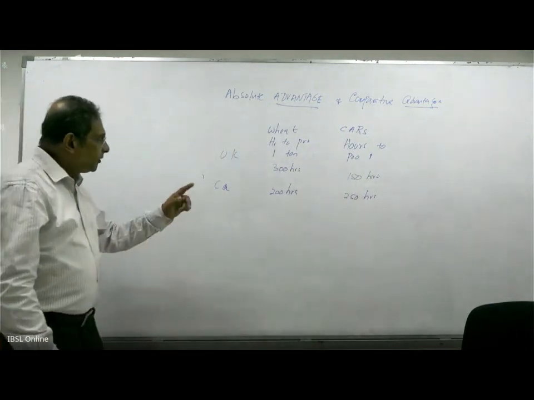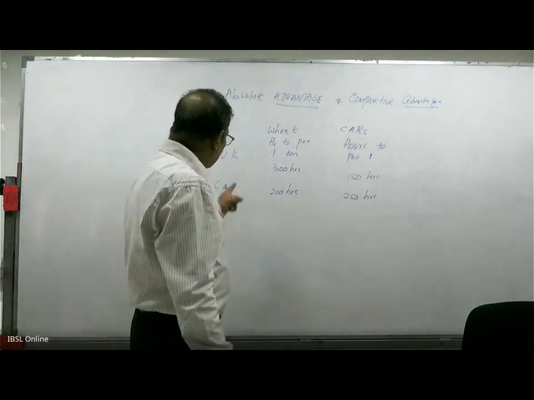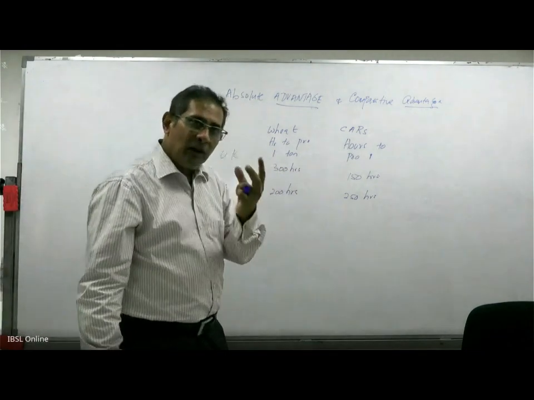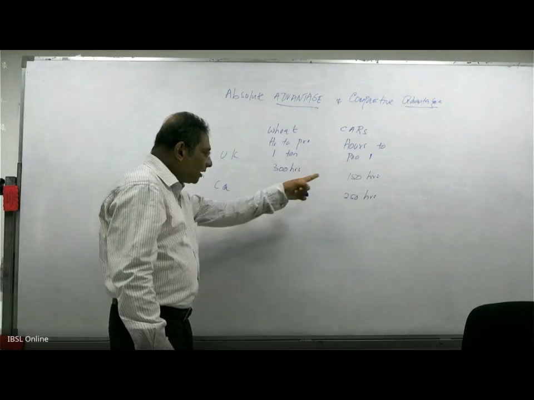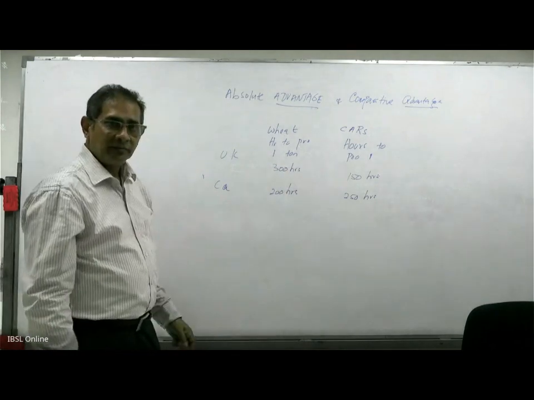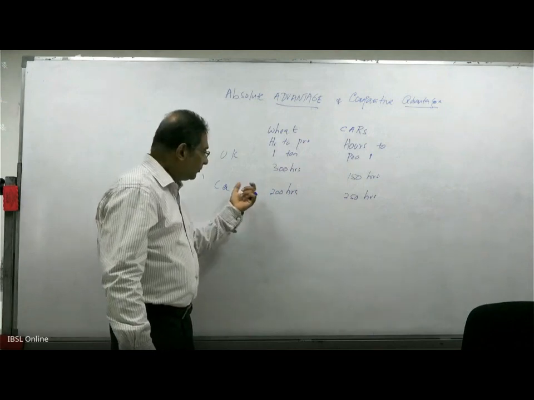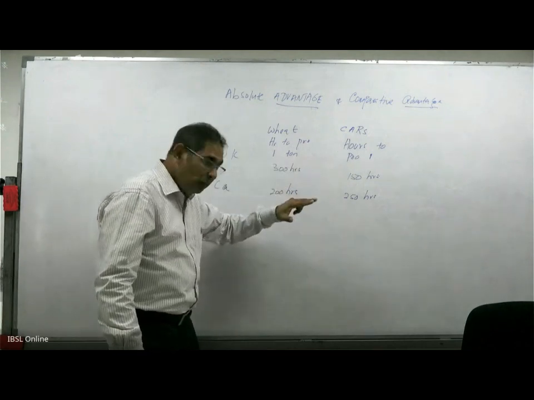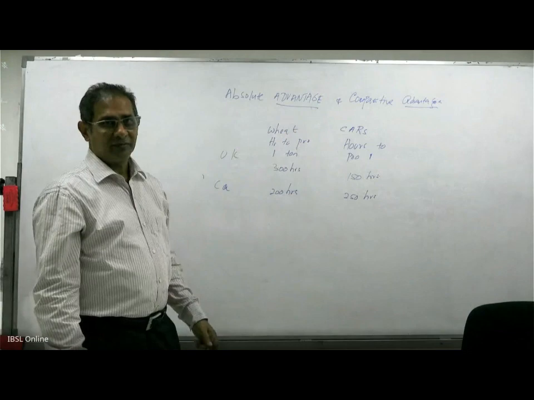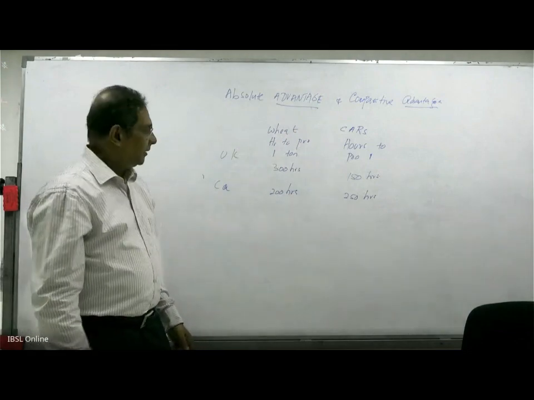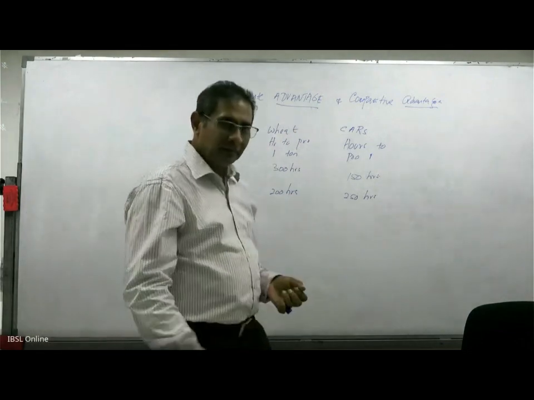Right. Look at this. You might see UK has an absolute advantage in cars over wheat. Vice versa, Canada has an absolute advantage in wheat over cars compared to UK. Right? Now, how do they trade?